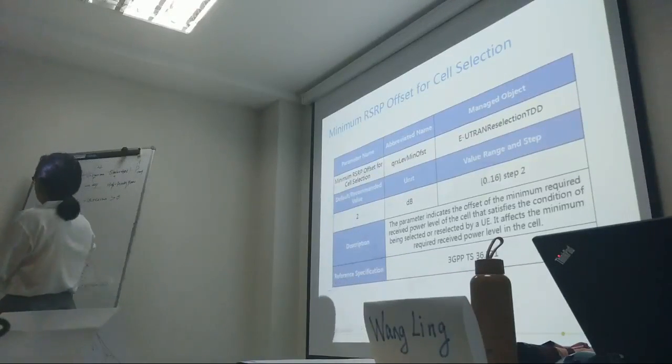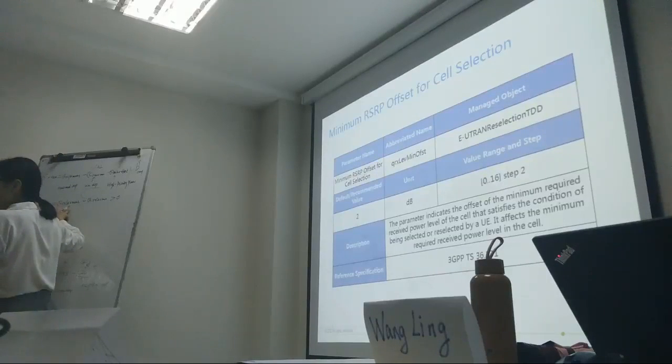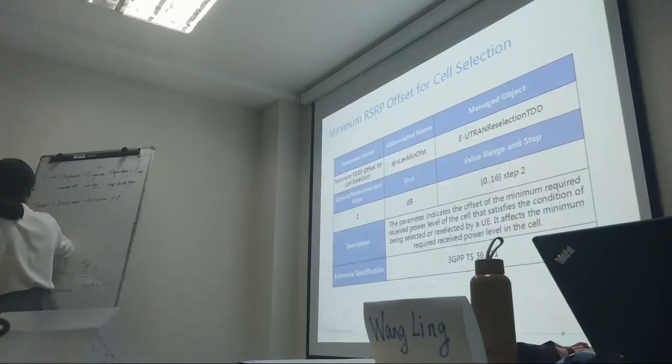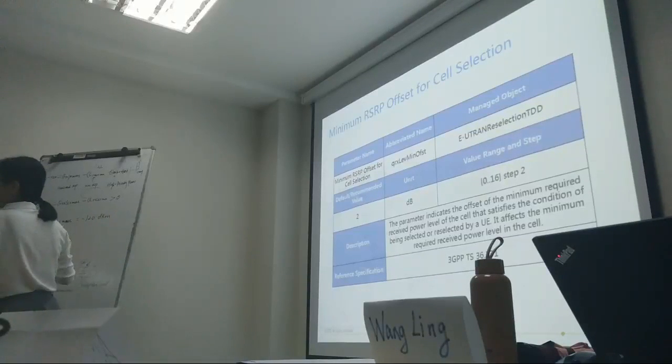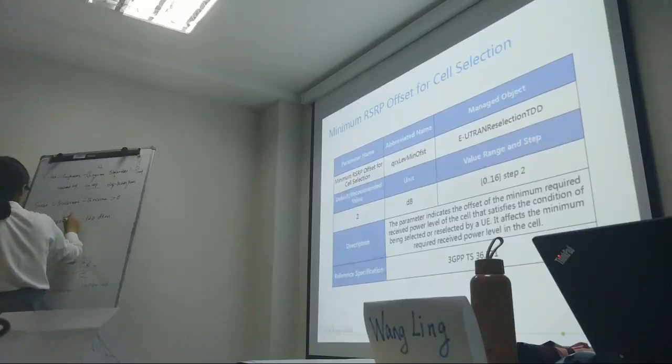If I measure this value for the SRP and we receive minus 120 dBm, can I select the cell?